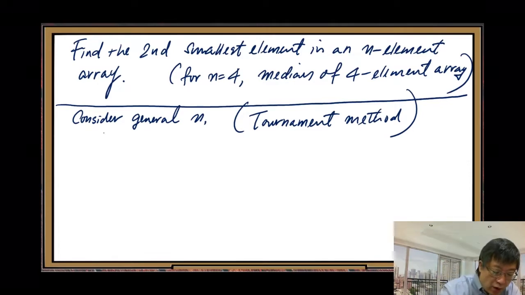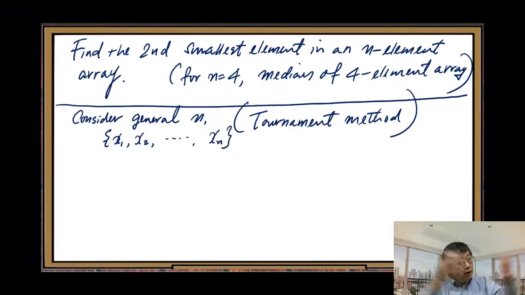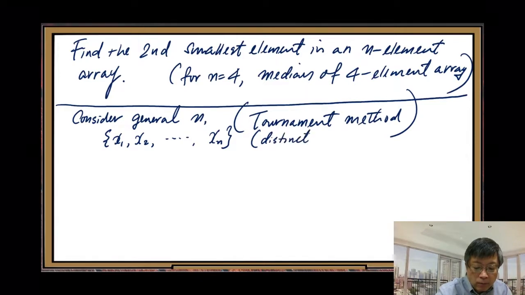So when we start, we have a sequence of elements, an n element array. We can assume they have distinct values for convenience.